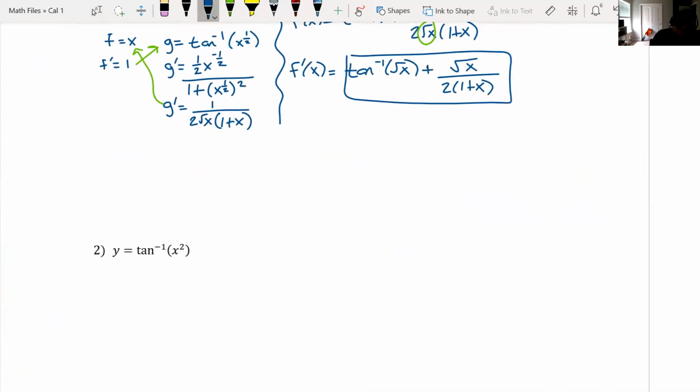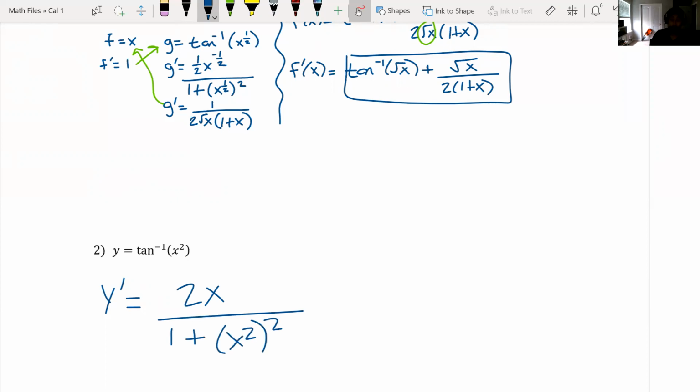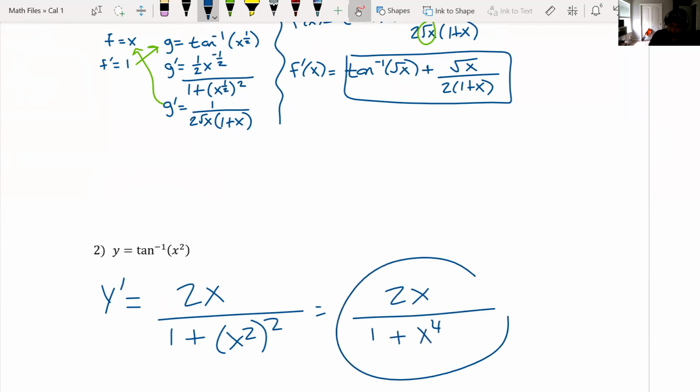So this means that y prime is going to equal the derivative of the inside function, 2x, over 1 plus the inside function squared. This gives me 2x over 1 plus x to the 4th. Done. Nothing else we could do there.